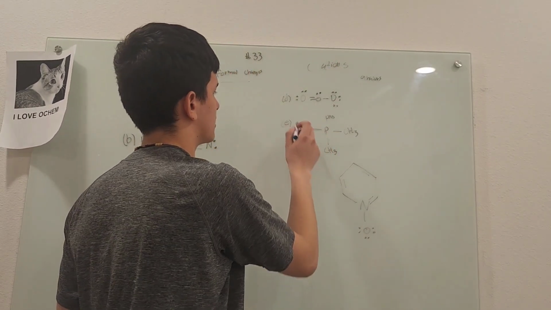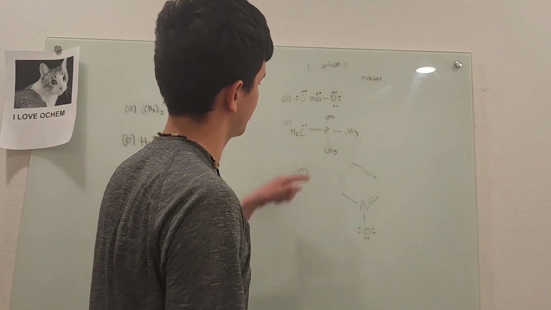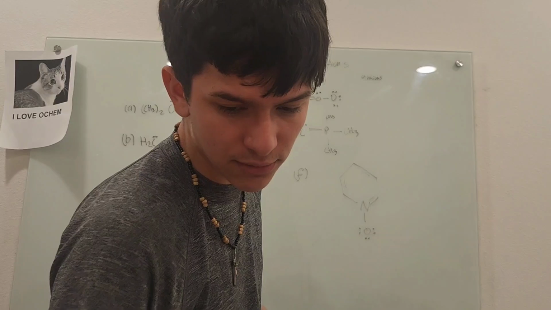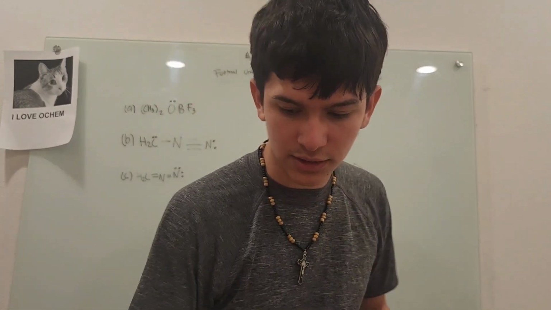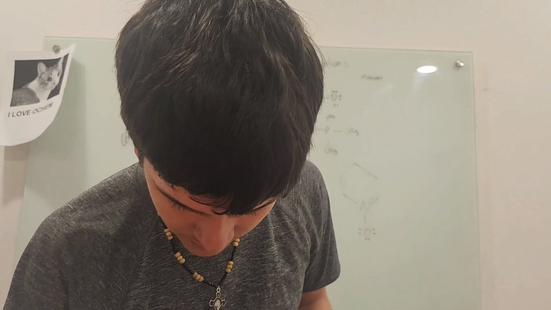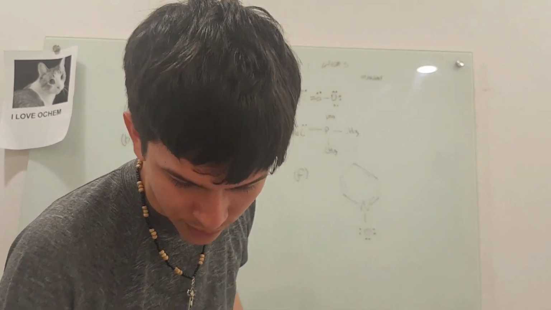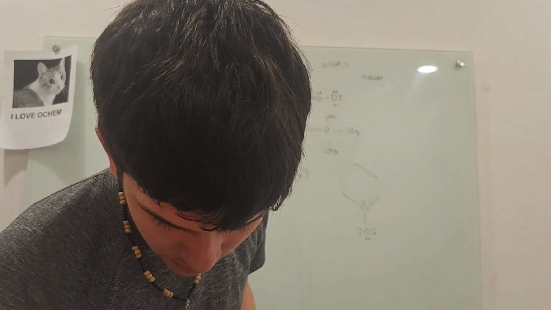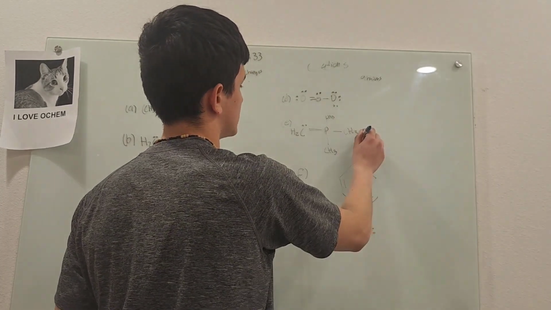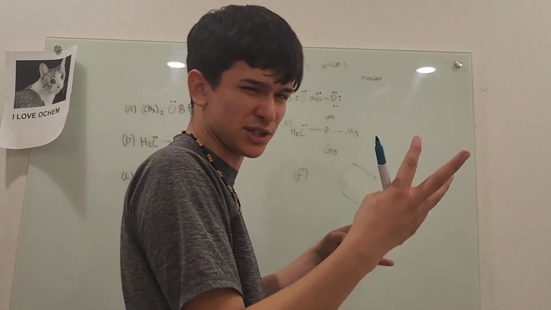So let's look at the carbon. Let me see what the question is asking for, because I don't remember the exact molecules it asked for. Okay, so yeah, it asked for the carbon. This carbon has 4 bonds, because it has 3 hydrogens connected to it.